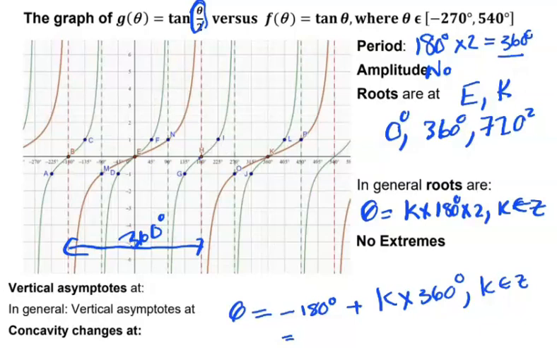And to get to the new one, we can add 360k. So in this case, we can again write the formula plus 180, which gives us 2k plus 1 times 180 degrees, where k is an element of Z.